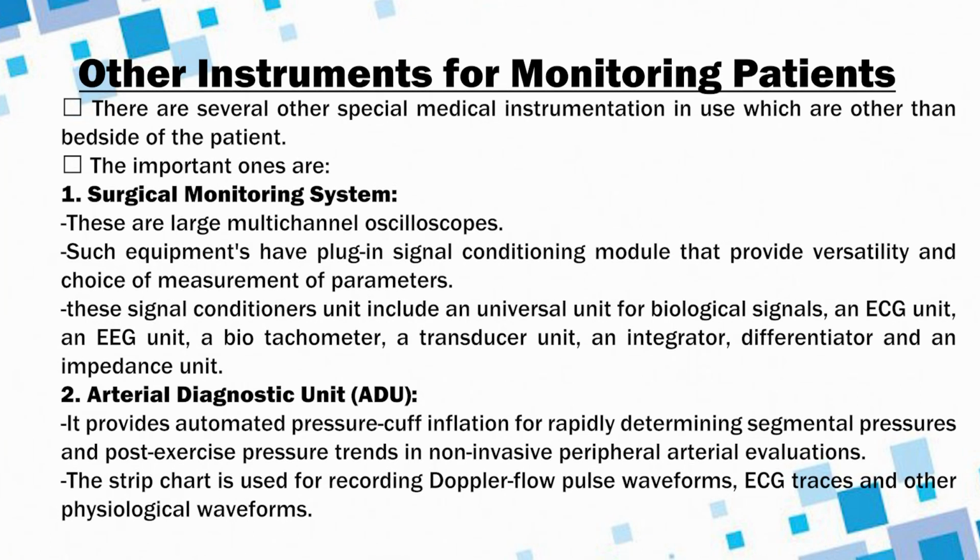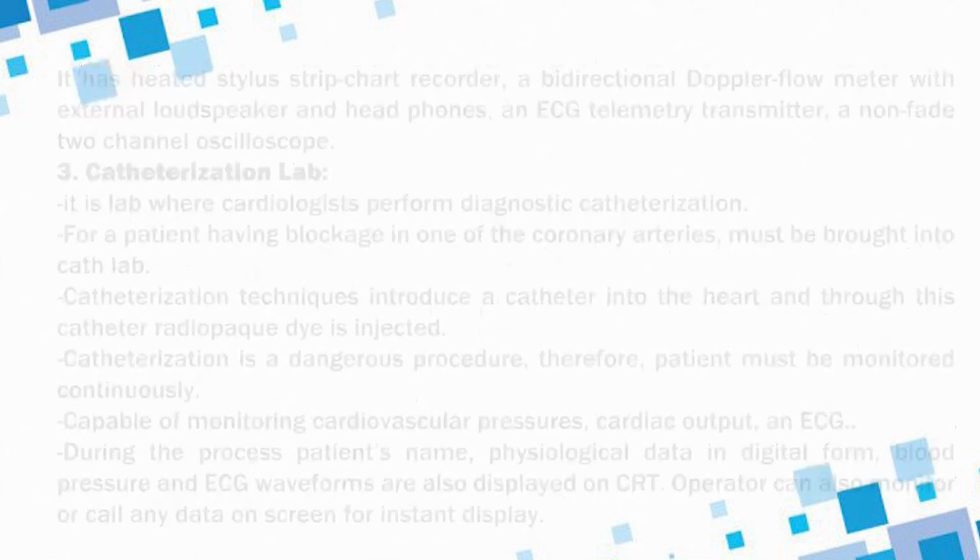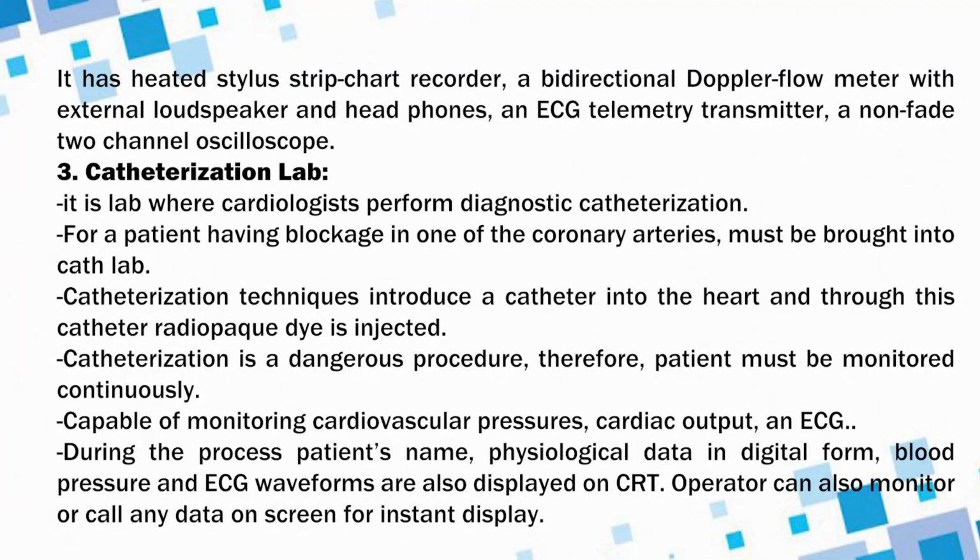The strip chart is used for recording Doppler flow pulse waveforms, ECG traces, and other physiological waveforms. It has a heated stylus strip chart recorder, a bidirectional Doppler flow meter with external loudspeaker and headphones, an ECG telemetry transmitter, a non-fed 2-channel oscilloscope.